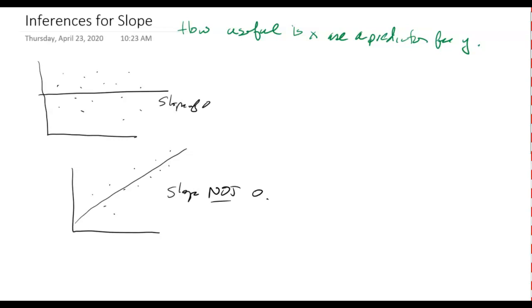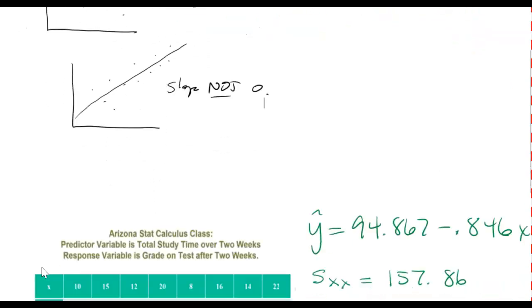Not 0. If our slope is not 0, then we could say that there is some utility to our regression line, and we can use that regression equation to make some inferences about the population. So to do this, let's take a look.